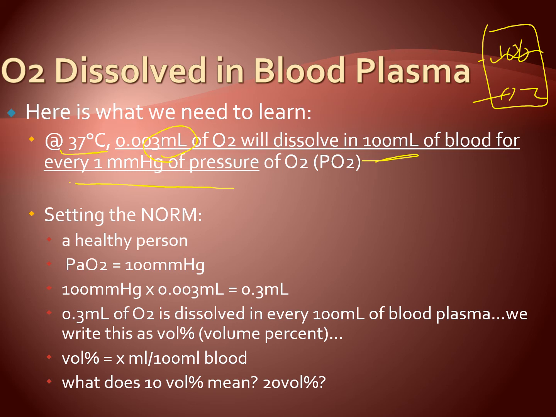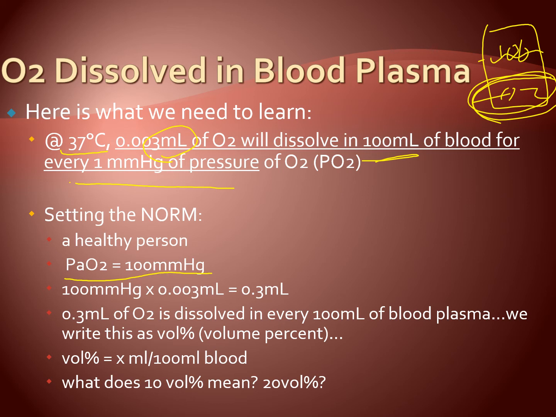So don't get caught up in the calculation yet, but understand the end goal is to see how much oxygen is in a 100 ml sample, just to give us an idea how much oxygen is available to the tissues. So when we're looking at a healthy person, assuming sea level and normal lungs, their PO2 should be around 100 millimeters of mercury.